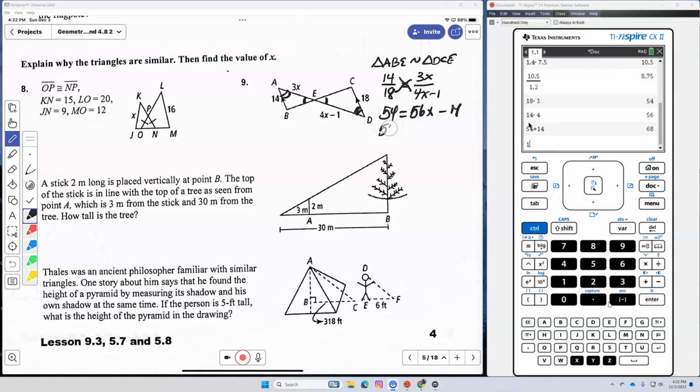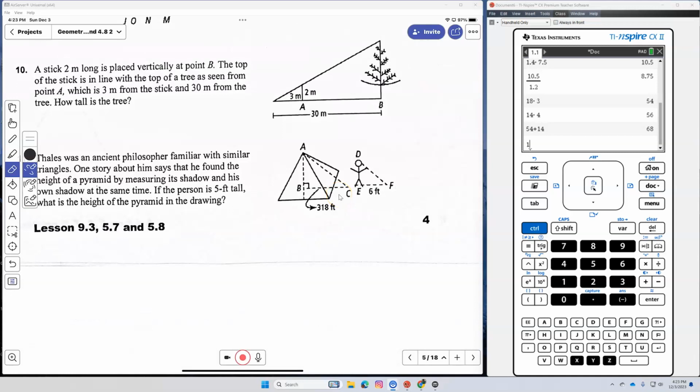So this is going to be 54x equals 56x minus 14. Subtract 56x from 54x. So we have negative 2x equals negative 14. Divide by negative 2. So x is equal to 7. So for the answer, x is equal to 7. The two triangles are similar because of angle-angle.